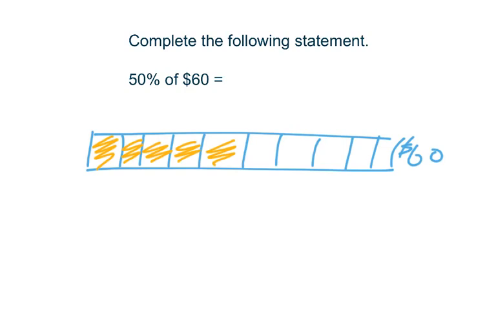That leaves us half taken up. And so each one of these boxes would be worth $6. 6 times 5, $30. So half of $60, or 50% of $60, is $30. Okay, a couple of ways to look at those.